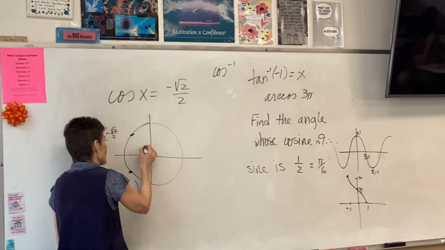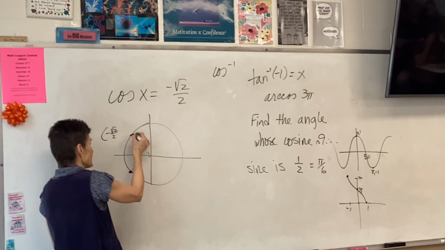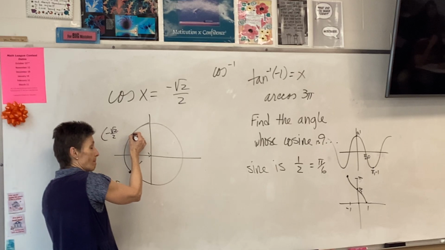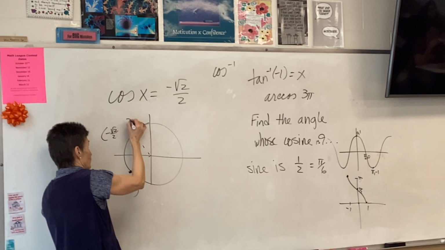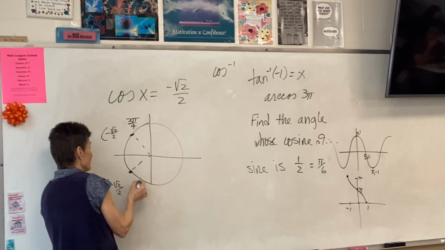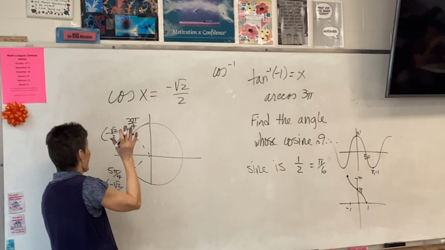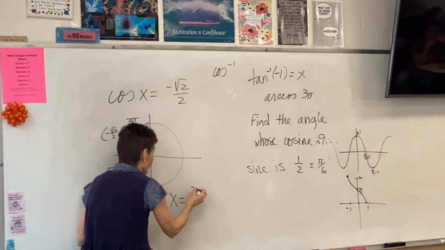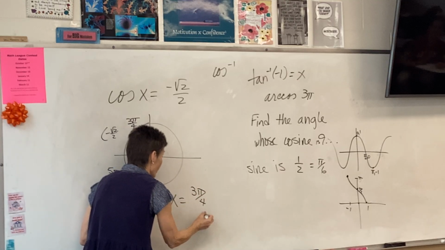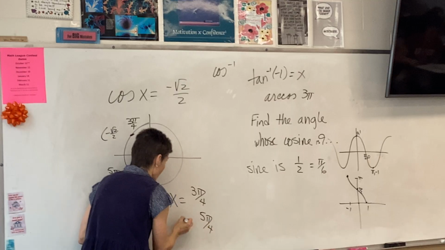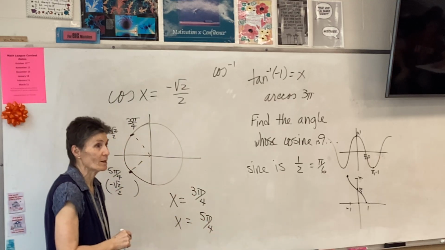What angles are those? This angle is 3 pi over 4, and this one is 5 pi over 4. So for sure, 3 pi over 4 and 5 pi over 4 are two answers to this question.